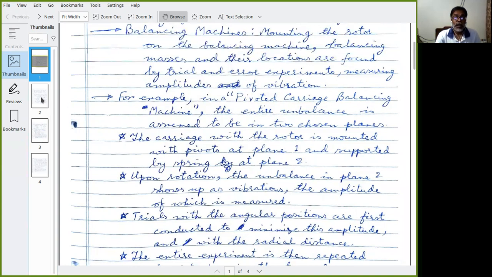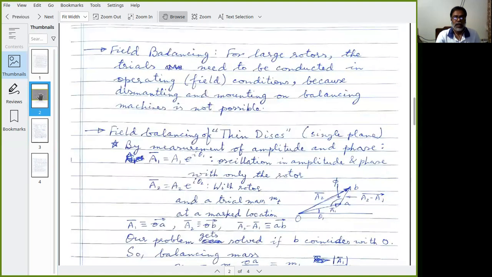Now the rotor may be so big that you can't do that. For example, it's a huge hydroelectric turbine somewhere on the hill of Uttarakhand. Dismantling it from there, putting it in your workshop where the balancing machine is, and having such a huge balancing machine on which you can mount it, you are not doing all that.